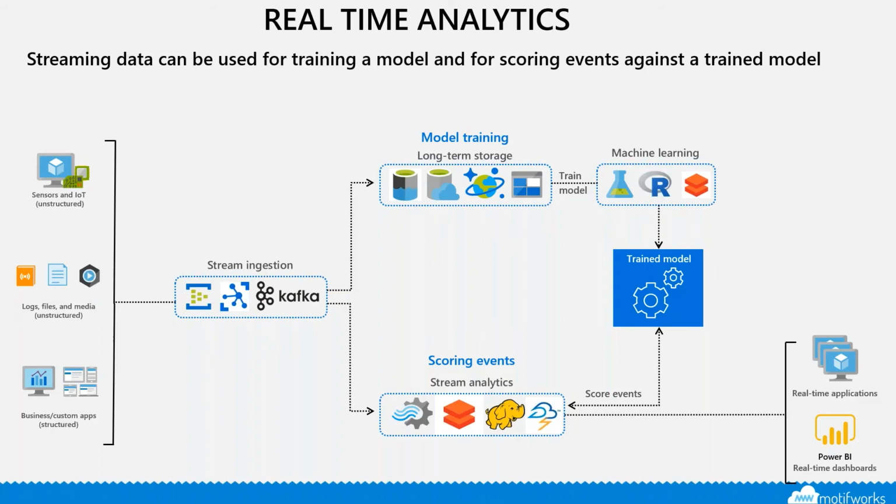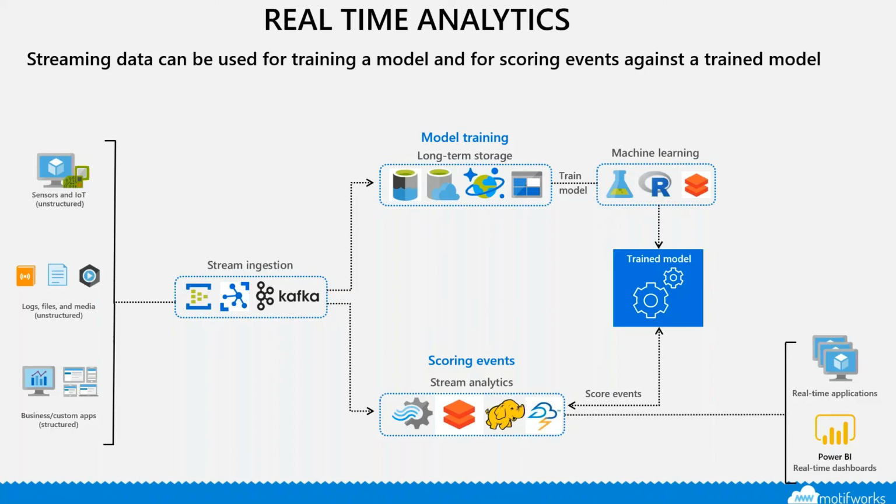And the way this works is real-time ingestion of the data will happen through technologies like IoT Hub or Event Hub or Apache Kafka that bring the data into the system, and the machine learning models that we have built using machine learning tools like Azure Databricks or Azure Machine Learning, you use the data that has already been trained and stored.